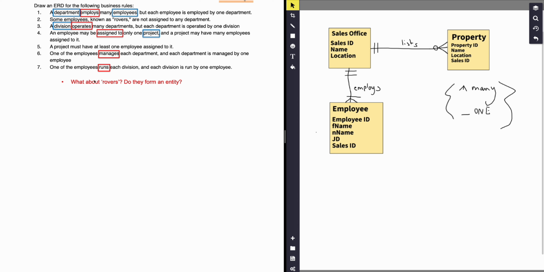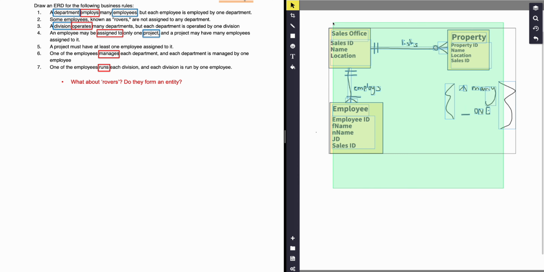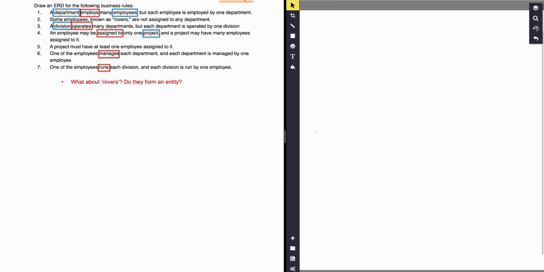All right, so we'll go through another example, and I'll get rid of this. What I'd like you to do is pause the video now and have a go at just drawing the entities. Don't worry about the connectivity too much, and then we'll go through it together. This is just from previous study that I've done, an example that they've used.